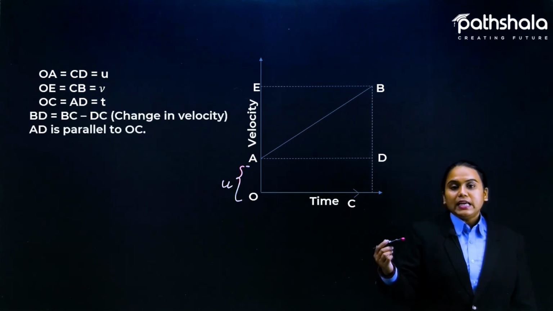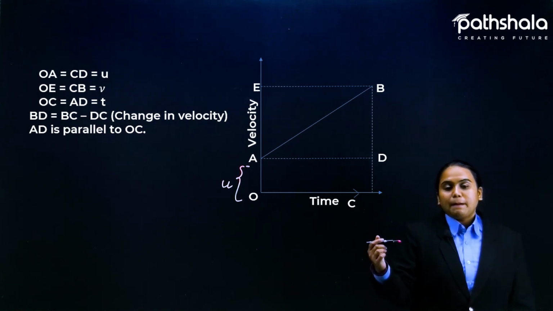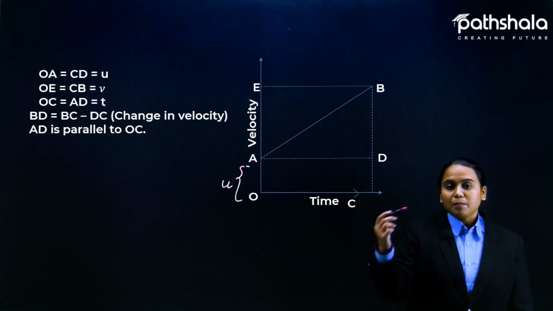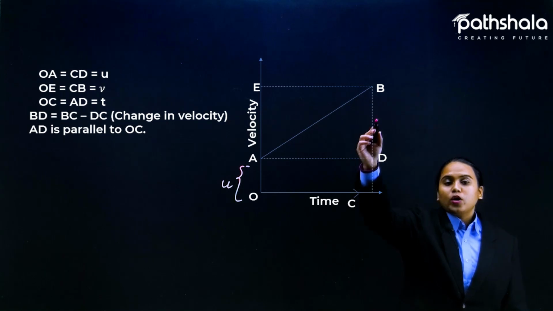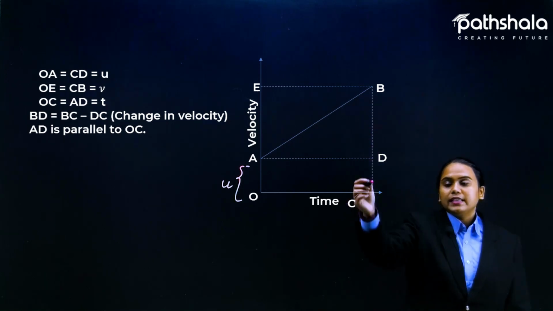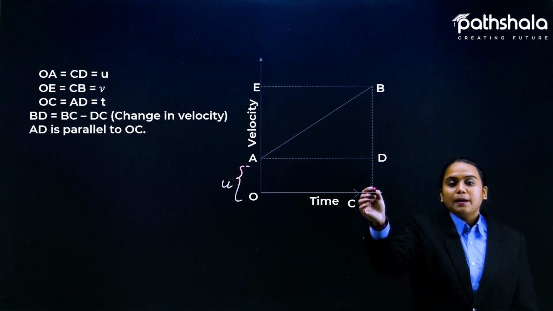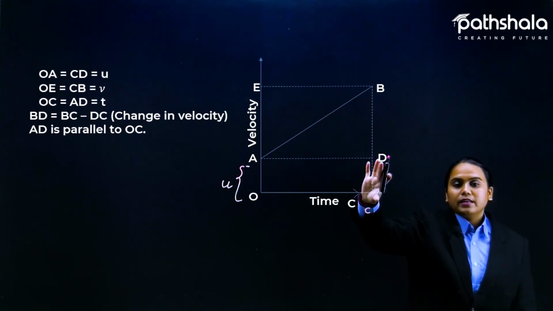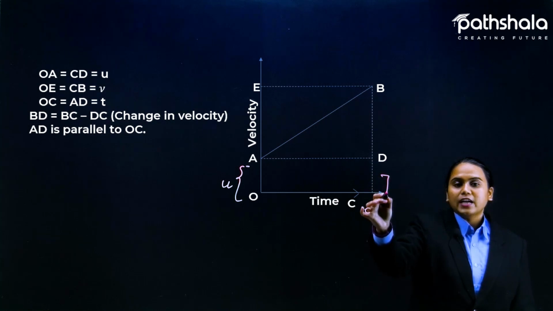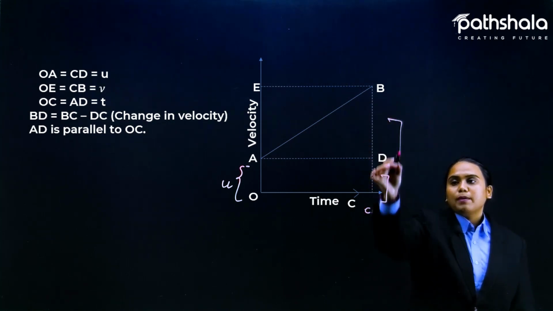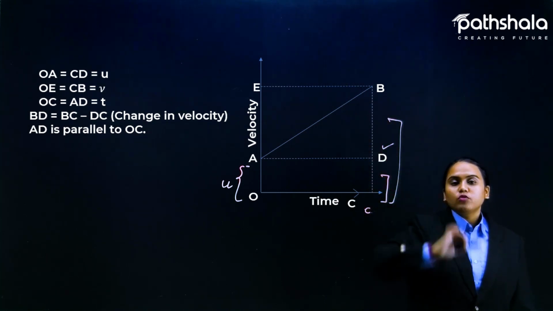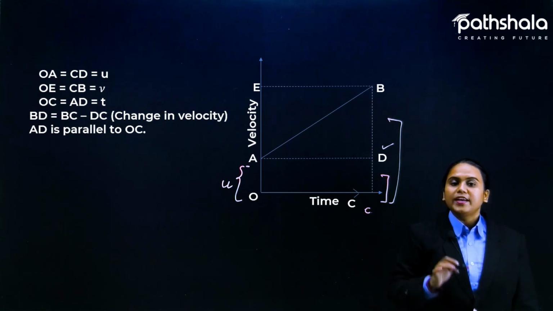Now BD is BC minus DC. BD is this part, and C is here, students. So BC minus DC, if we cancel that much part from this part, you will get this part only. That is the change in velocity.